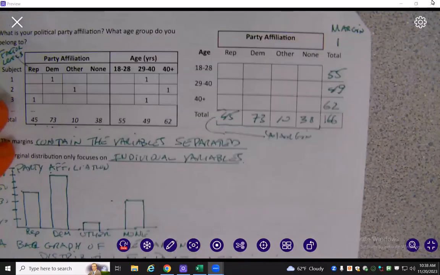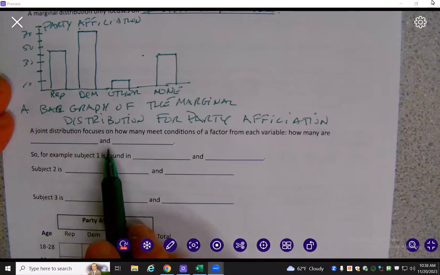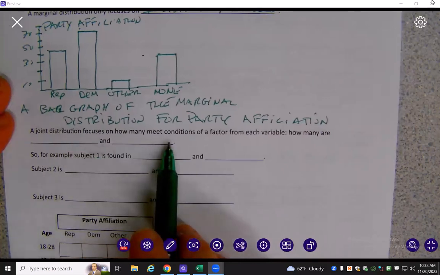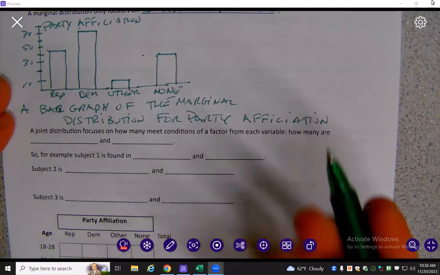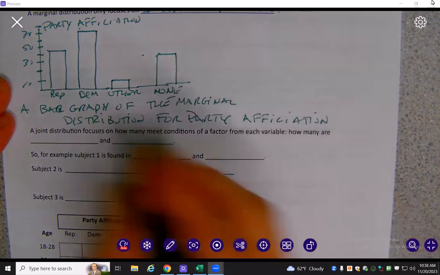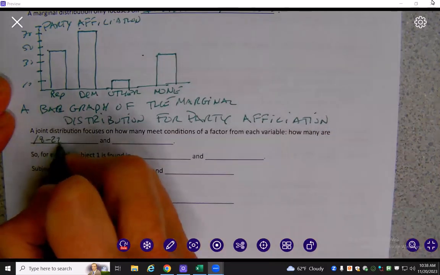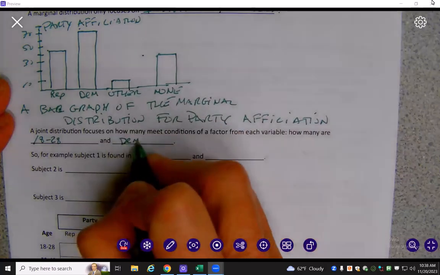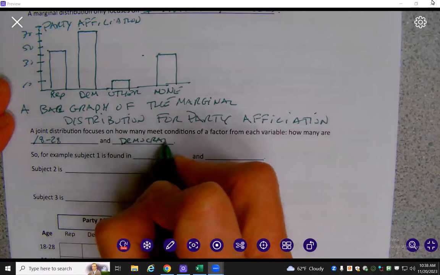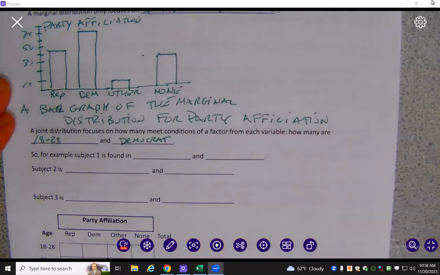All right. So now a joint distribution focuses on how many meet conditions of a factor from each variable. For example, how many are, as an example, 18 to 28, and let's say Democrat. So this would be as an example.